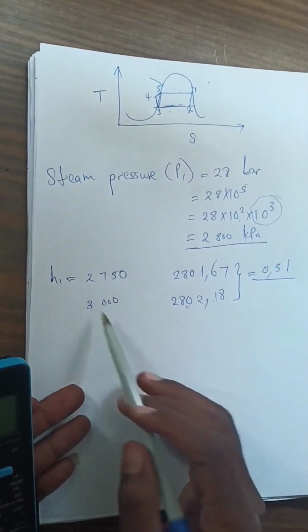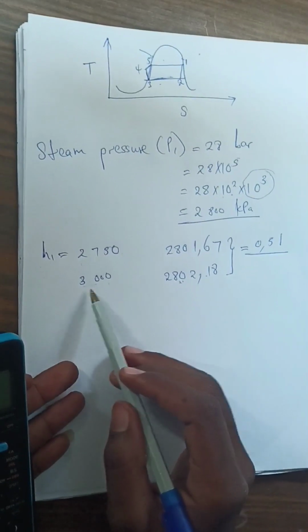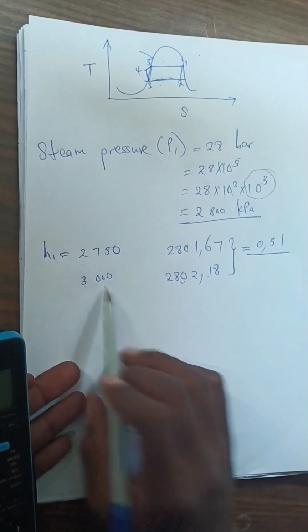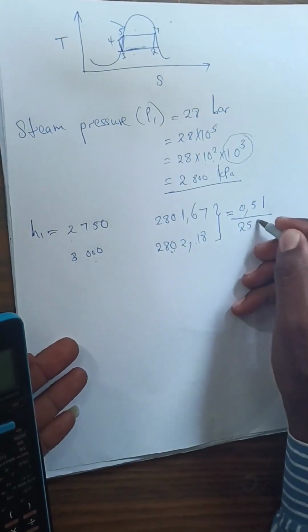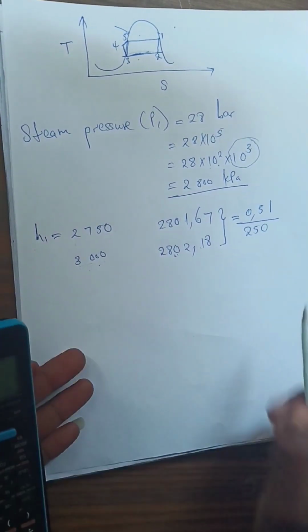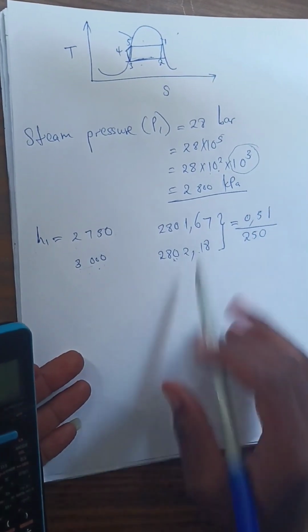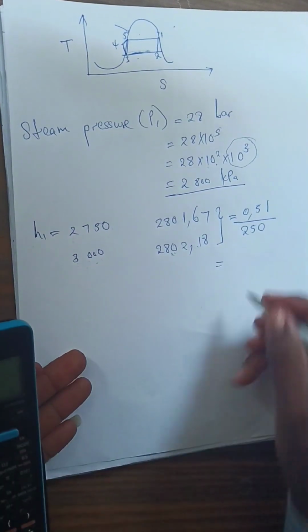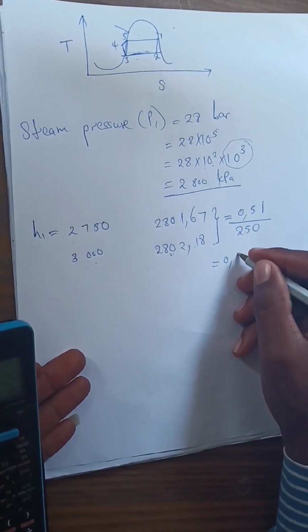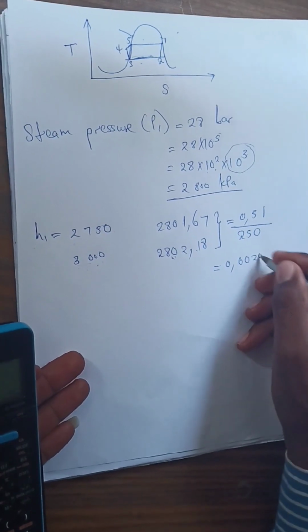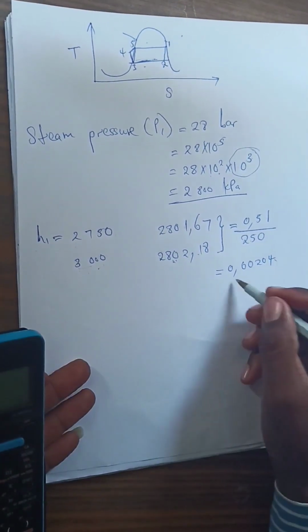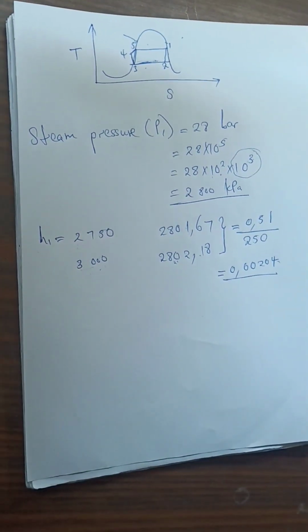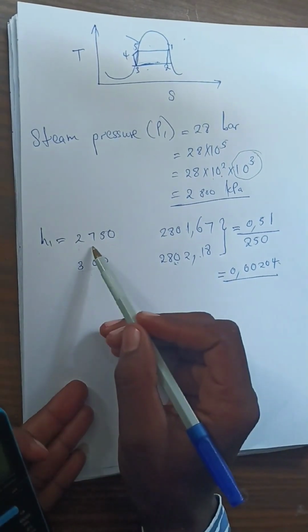So we take 2,750 from 3,000, and the difference we get is 250. Then after getting this 250, we have to divide. If we divide, we see that our answer is going to be 0.00204.